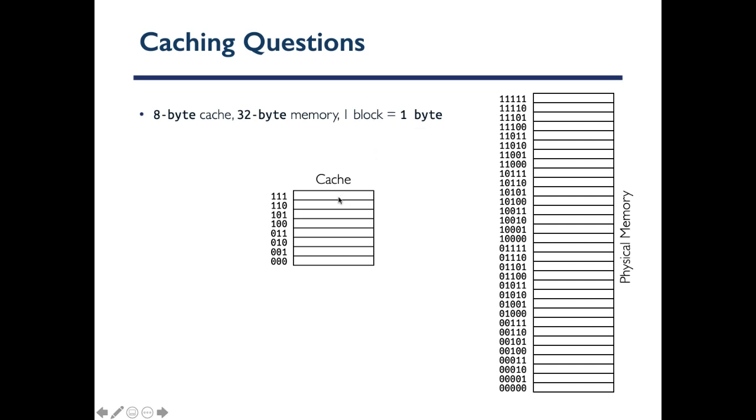Also, the block size in your cache usually should match the block size in your memory. So if you want to say that my block size in cache is 1 byte, you have to look at your memory in that sense as well. Now, assume that your CPU accesses address 01100.